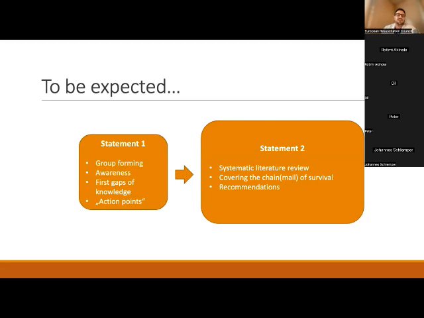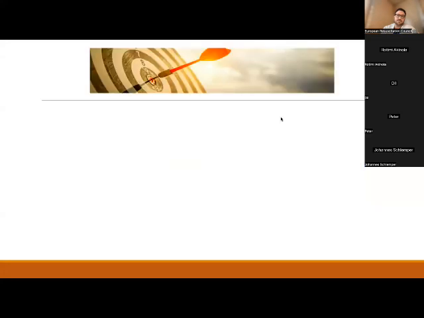So this means, of course, that we are planning a second, larger ILCOR statement that will be based on a systematic literature review, and it will come from different experts and also from various subspecialties like pediatric resuscitation, adult advanced life support, and so on and so on. And we will try to address all these links of the chain mail of survival, in the light of the low resource settings, together with the experts.